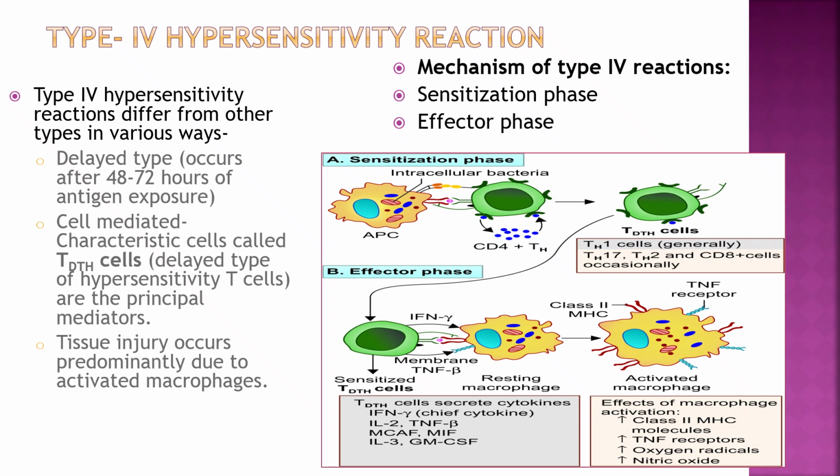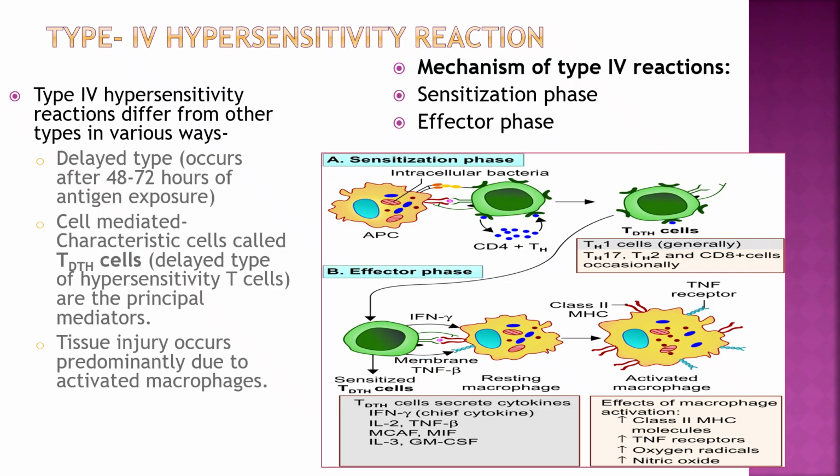In this diagram, you can see in the sensitization phase, there is an APC, antigen presenting cell, and intracellular bacteria. So there is formation of CD4 plus T helper cells, which leads to activation of the TDTH cells, and they secrete TH1 cells.